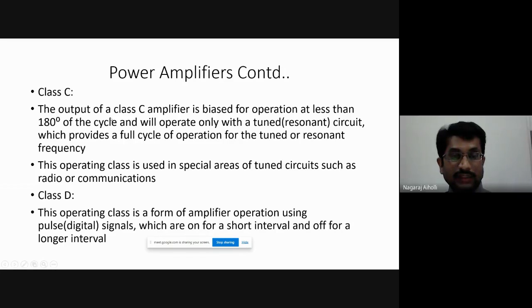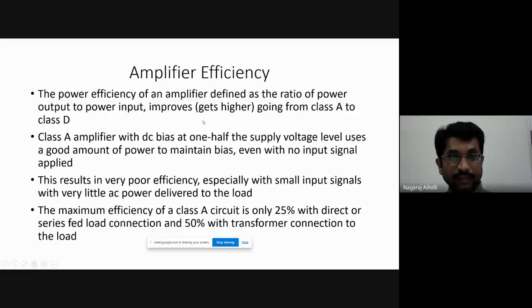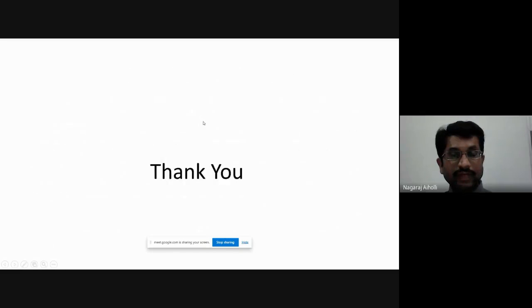The output cycle is less than 180 degrees, and hence a large amount of power cannot be obtained from class C power amplifiers. Okay, and that is the reason it is less used, and hence its efficiency is not defined here, because class C power amplifiers are very less used for delivering large amounts of power to the load. Okay, so that is about the amplifier efficiency.